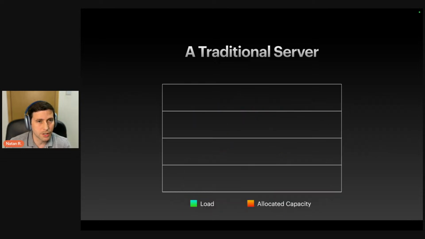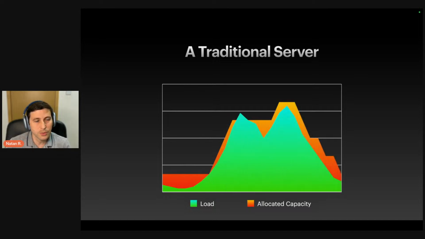So on these traditional servers, let's imagine throughout the day, the load and the capacity. Whenever the load goes up, your load balancer is going to spin up new servers, and you can see that we have this orange line here that is server capacity or memory that's not used. And so in these cases you're over provisioned, but it might also happen that you are under provisioned.